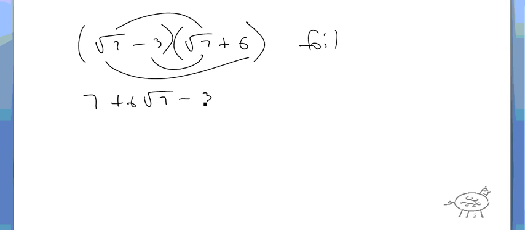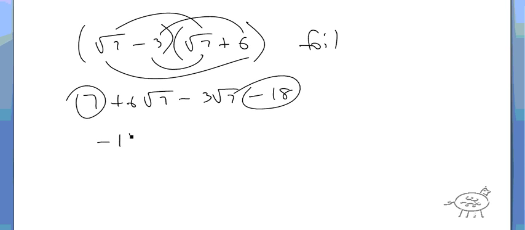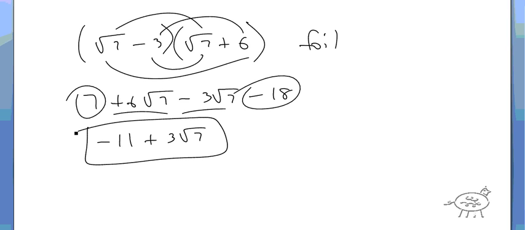Inner, minus 3 root 7. And last, minus 18. Combine like terms, 7 minus 18 is negative 11. 6 root 7 minus 3 root 7 is plus 3 root 7. And that's your answer. Okay? It's not bad. Let's do a little more complicated one.